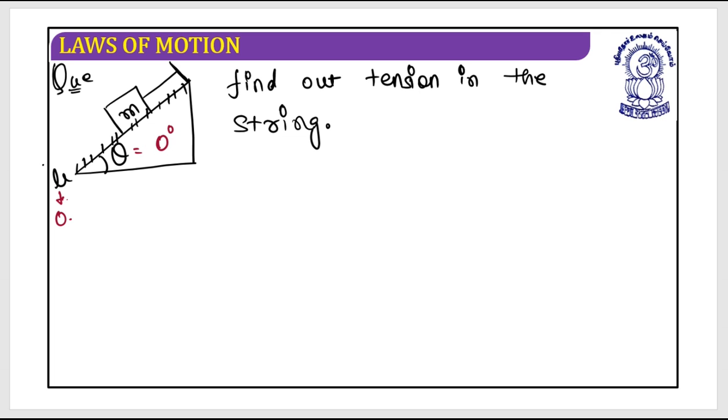Let's just change this: it's a 30 degree wedge, and this mu would be equal to 0.8. So what you can do with this, find out the tension in the string. What can be done?